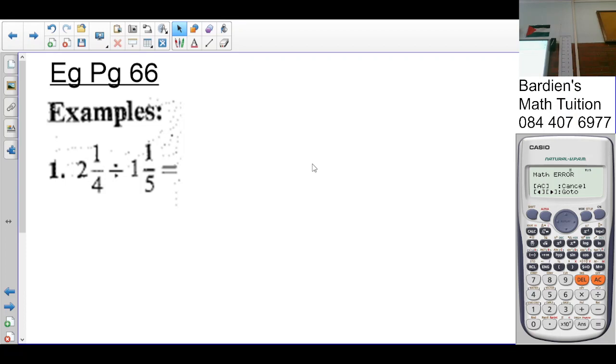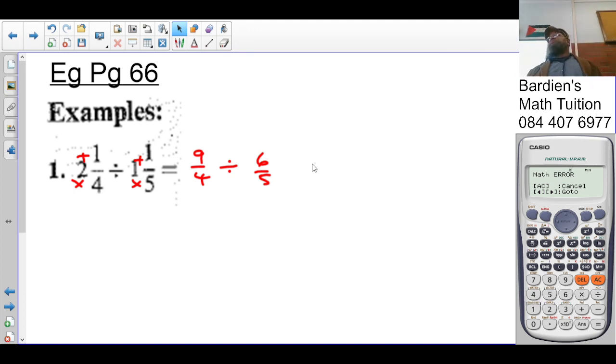Alright. So what's the first thing we need to do? Change to improper fraction. If we change, what do we get? Did you guys change already? Yes. So we get 9 over 4 divided by 6 over 5. What's the next step we need to do? Okay, now you make here a note. They call this seed LCM.